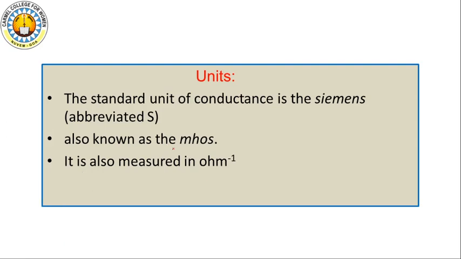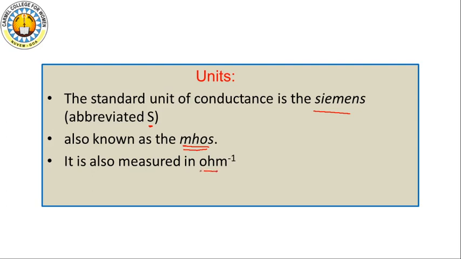So the units of conductance: this is Siemens, usually the SI unit, written as capital S. In terms of resistance, the unit of resistance is ohm, so the unit of conductance will become ohm inverse.